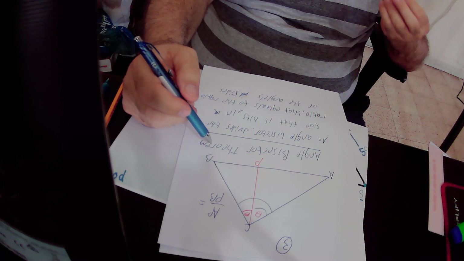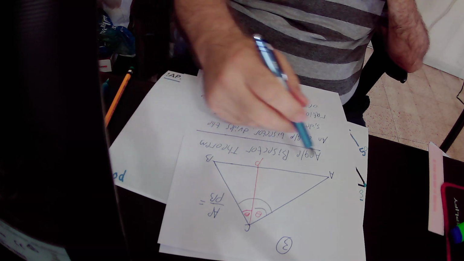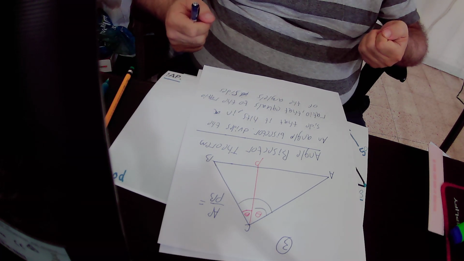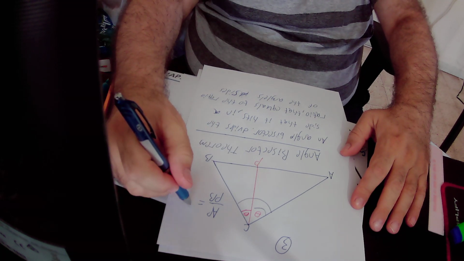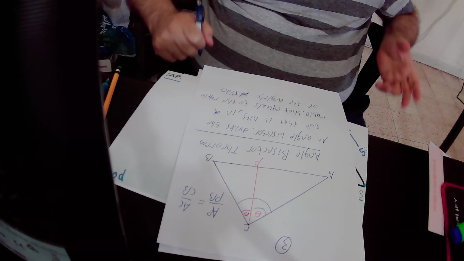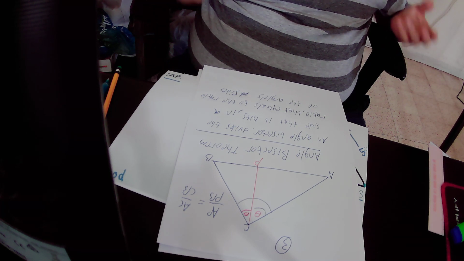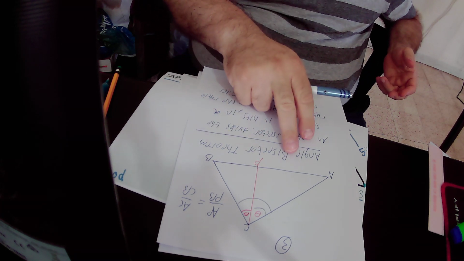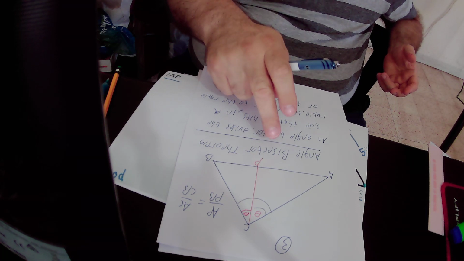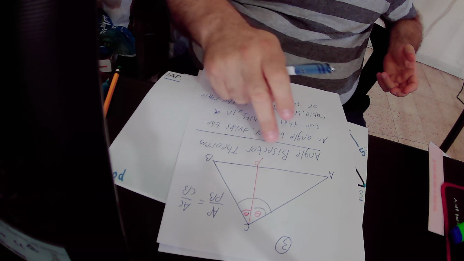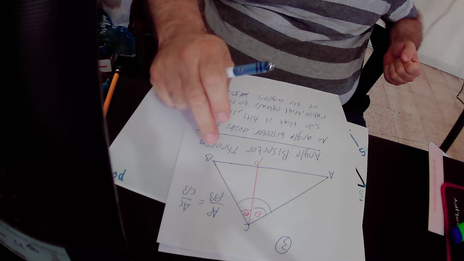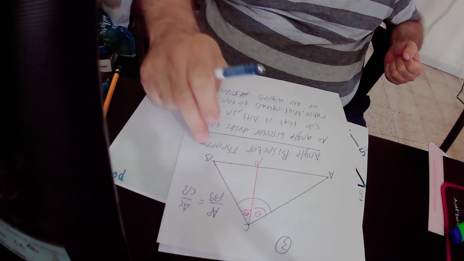Angle ACB consists of two sides, side AC and side CB, and the ratio between those two sides, that is to say AC over CB, equals AP over PB, because the angle bisector CP divides side AB into two parts, and the ratio between those two parts, AP over PB, equals the ratio of the angle's sides, that is to say AC over CB. Okay?